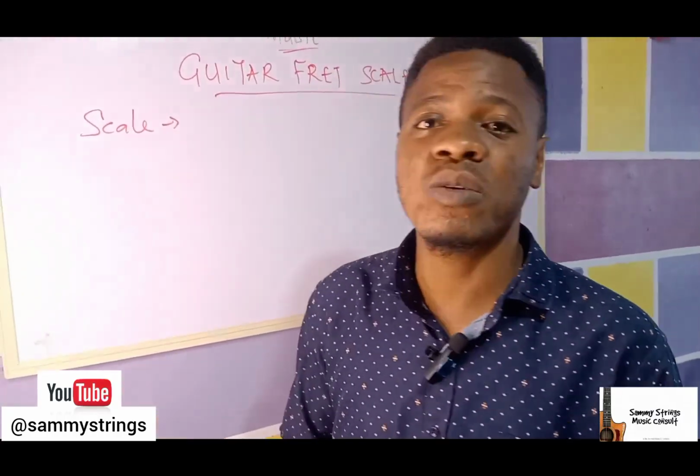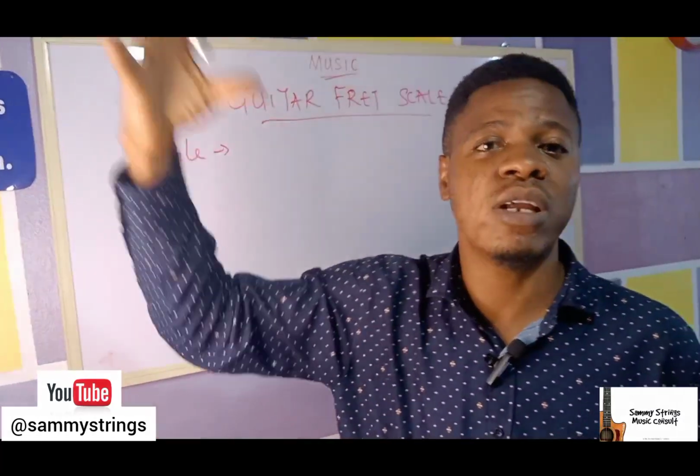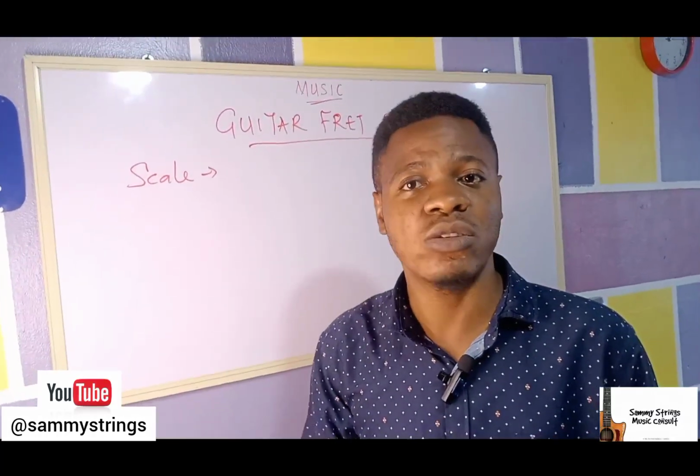So the chromatic scale talks about the number of keys, like the keys we have on an octave range instrument. Like for example, the other time when I was giving explanation on the topic chromatics, you should be able to know more about that.